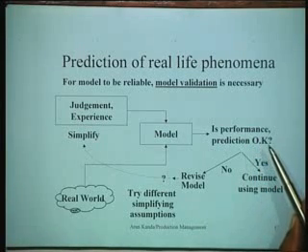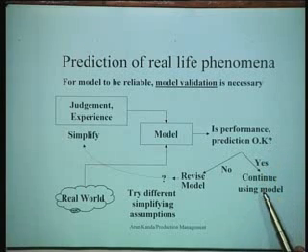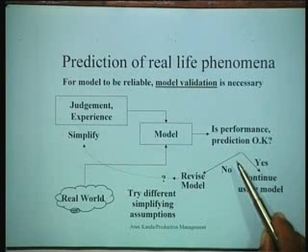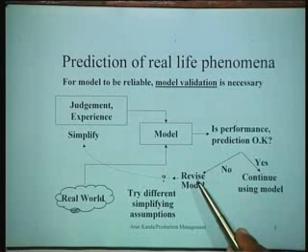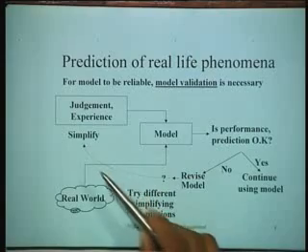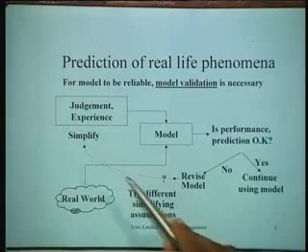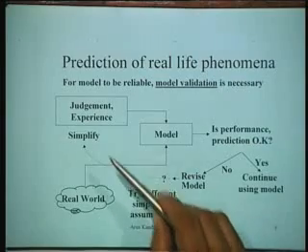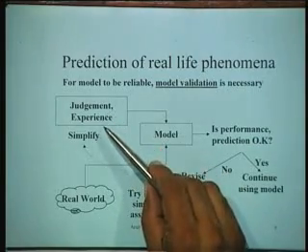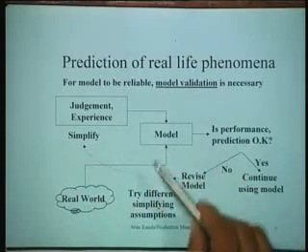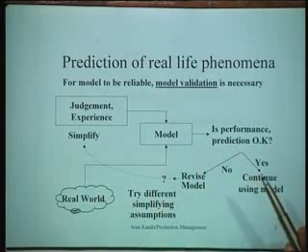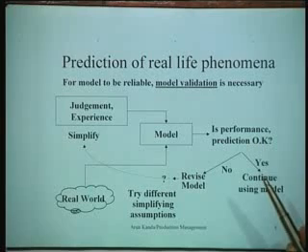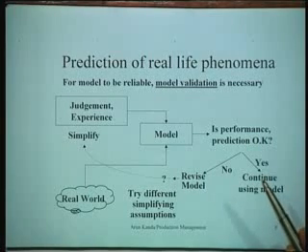If the performance is okay, you continue using the model. If not, you have to revise the model. The revision of the model could generally take place either in terms of simplifying some assumptions or introducing some additional complexities into the model and so on. This again refines your judgment and experience, and this is then an ongoing process which helps you to make models, refine models, and use them for purposes of decision making.